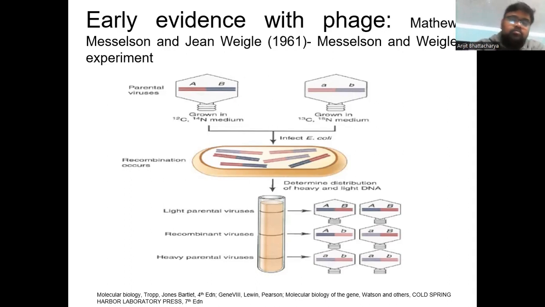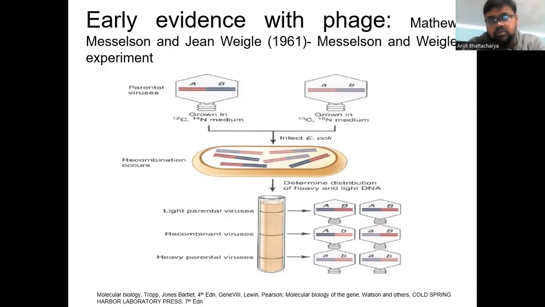For the first phage, they isolated the phage from a bacteria which was grown on media with C12 and N14 isotopes of carbon and nitrogen, which means that the phage DNA would be labeled with the light isotopes.